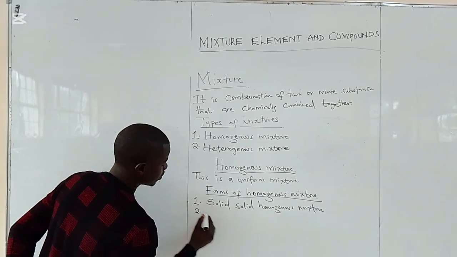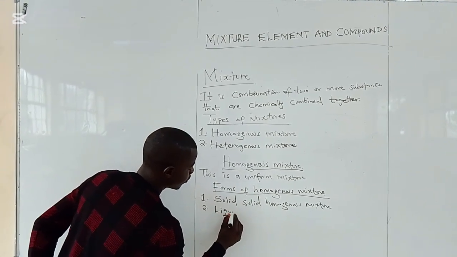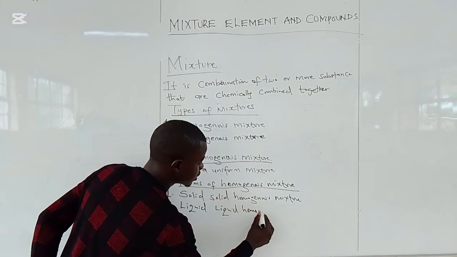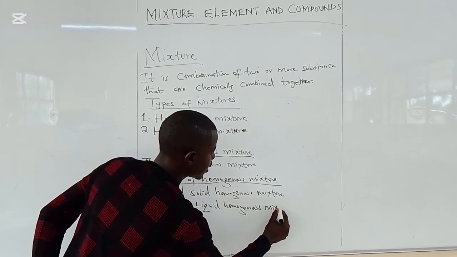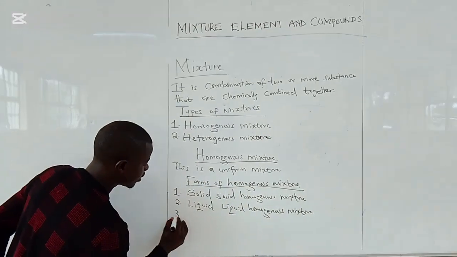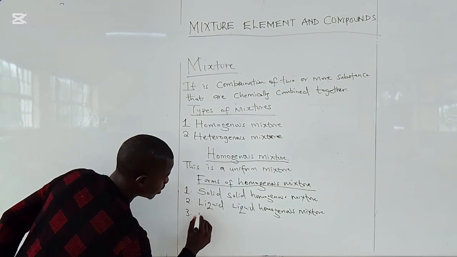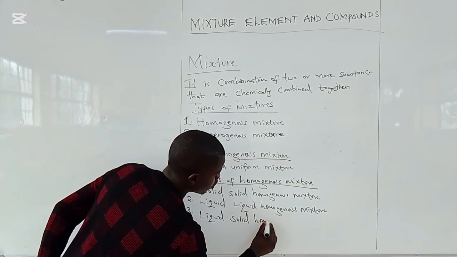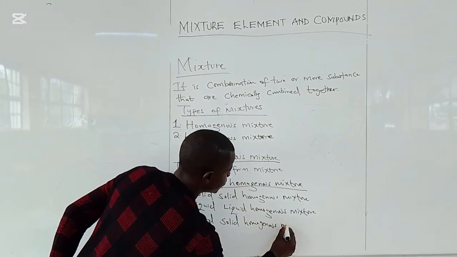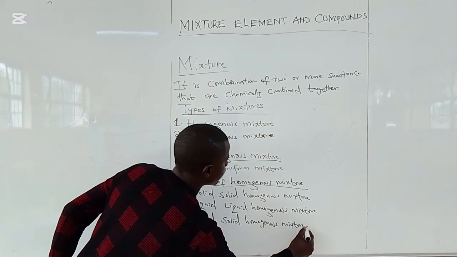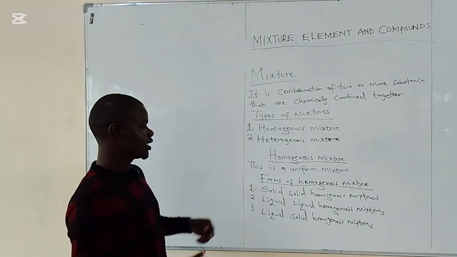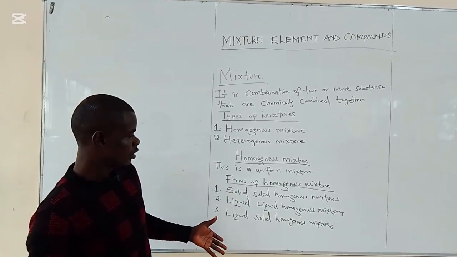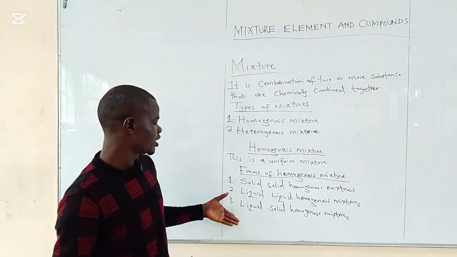We're having liquid homogeneous mixture. Then we're having liquid solid homogeneous mixtures. So from here, we are going to give some examples of the forms of a homogeneous mixture.